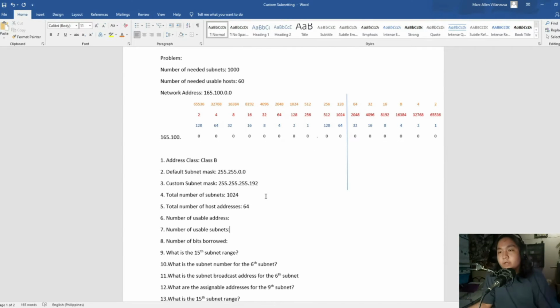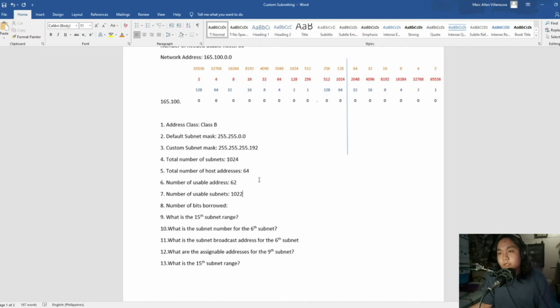So how we're going to answer this? Simply, we just need to minus 2 here, our subnets and our host address. So 64 minus 2 is 62, and 1024 minus 2 is 1022. If you're wondering why we need to minus 2, simply because the first and last values are invalid.